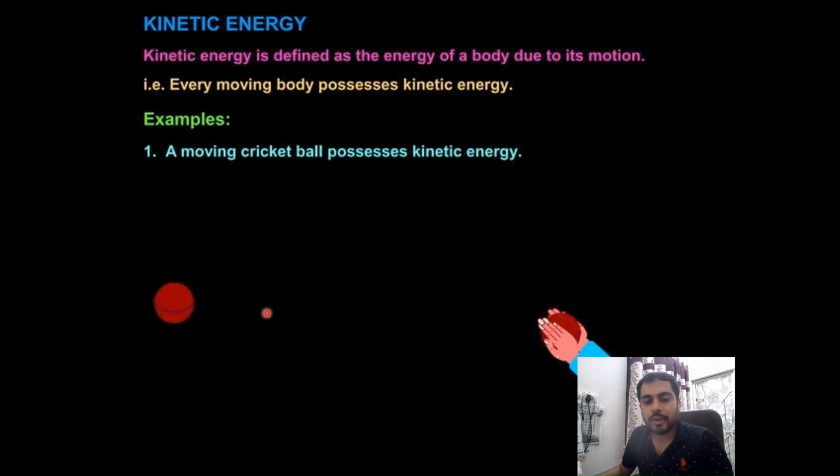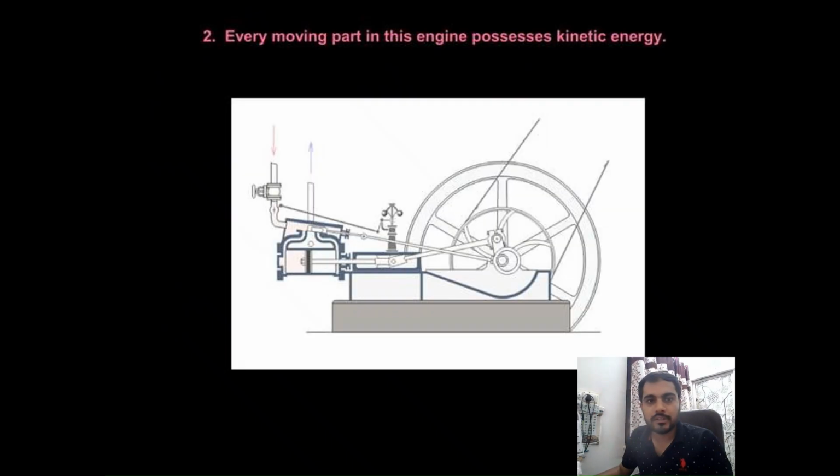When I throw a ball from one person to another, I have done work to throw the ball, and the other person has done work to catch the ball. So in both cases, energy is released from person A to person B, and that kind of energy comes in the category of kinetic energy.